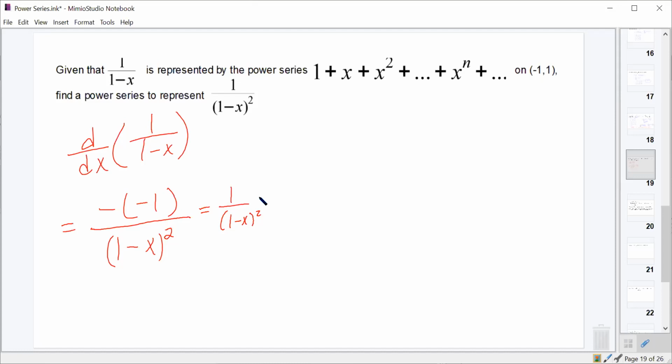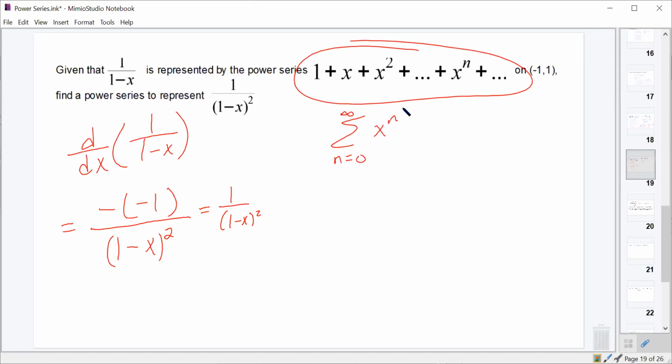So what is this series? This series is the sum from n equals 0 to infinity of x to the n. So we took the derivative of 1 over 1 minus x. Well, let's take the derivative of this series.